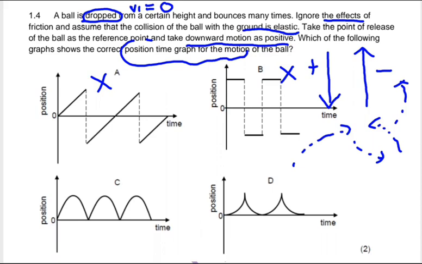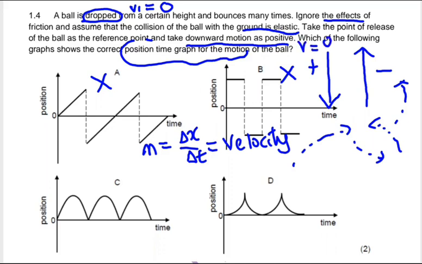On a position time graph, we know that the gradient is the same as the change in displacement over time, which is the same as the velocity. So we're looking for a graph that shows that as the object falls, initially velocity is 0, and velocity is a max when the ball is just about to hit the ground.